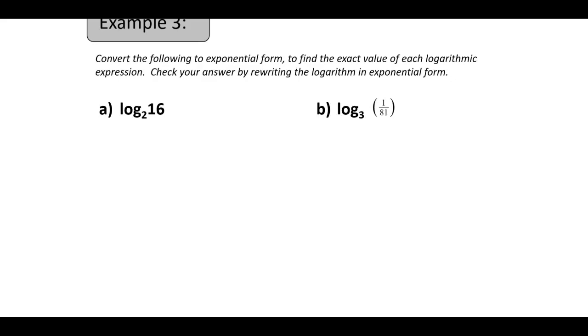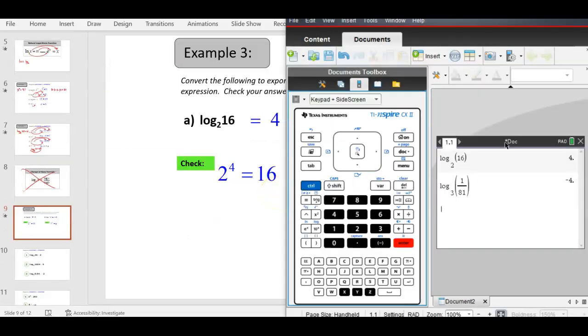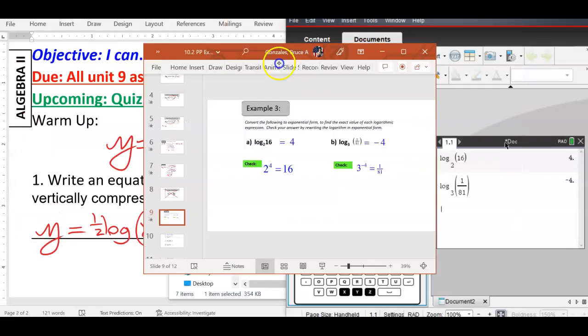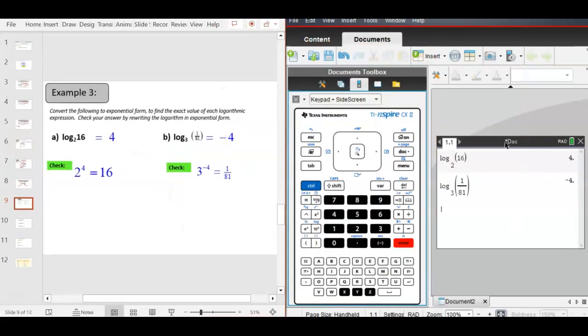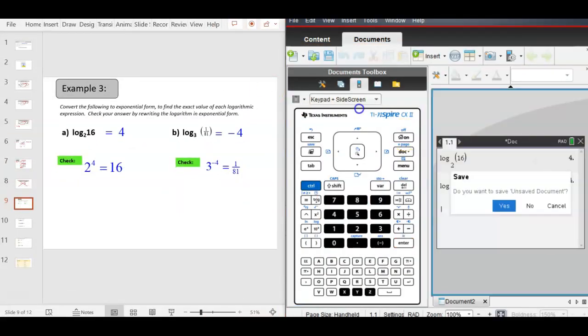Now, I know the answers are here, so it is what it is. But I want you to know how to type this in. So everybody, new document, don't save, number 1. Can anyone tell me where the log button is? Look at your calculator. Where's the log?